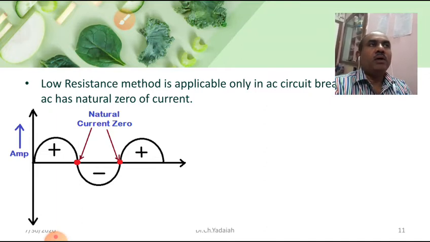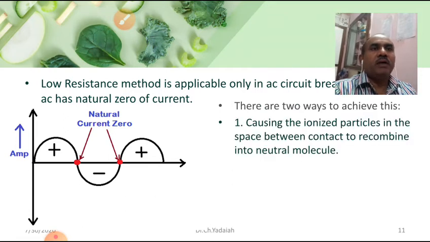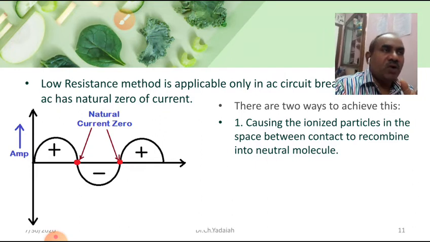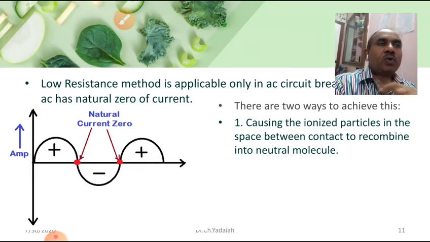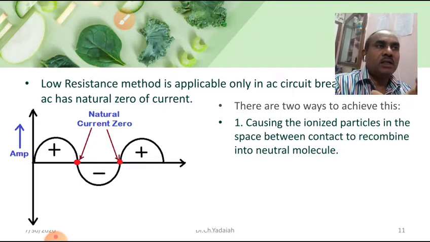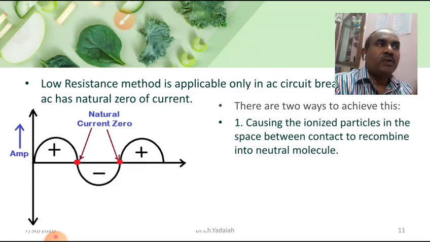How are we going to nullify the arc? We have already seen different methods, by splitting and by blasting. So there are two ways to achieve this. Outside in the atmosphere, at different places, an arc occurs due to small faults. Now, while we are opening and closing our circuit, a fault arc is created whenever it is opening and closing.